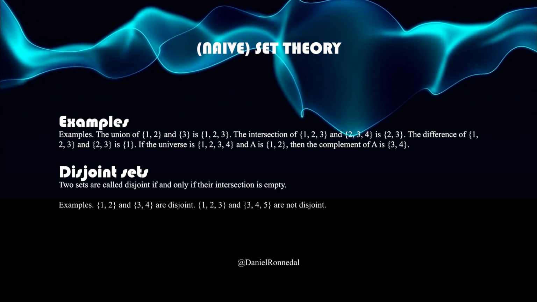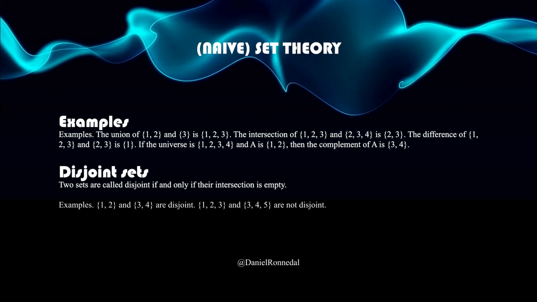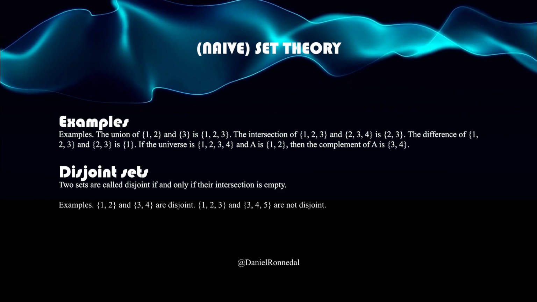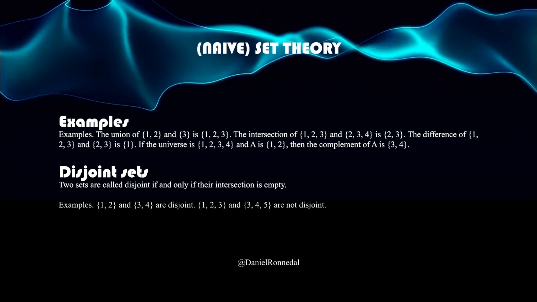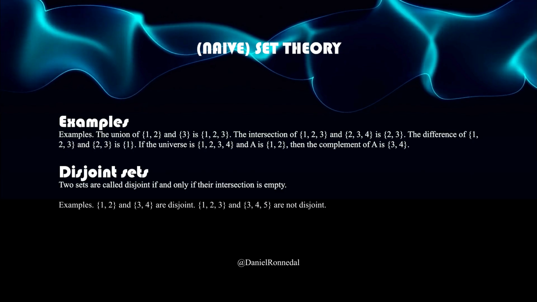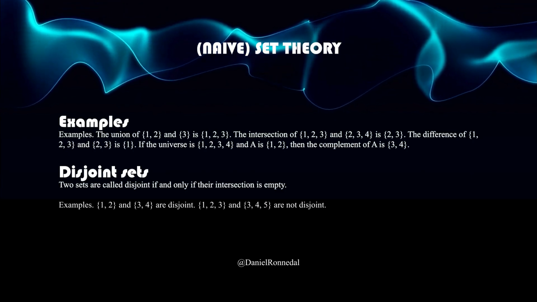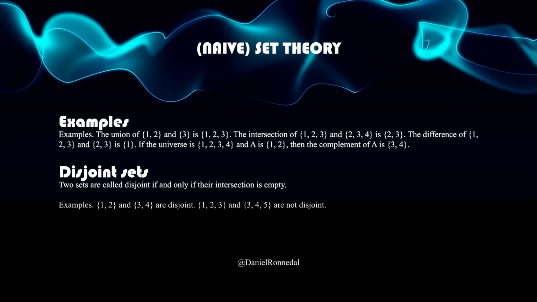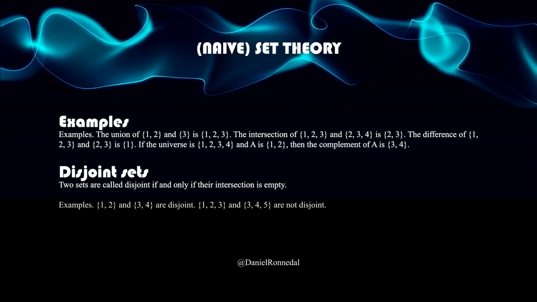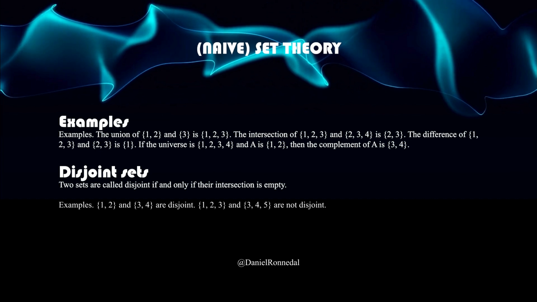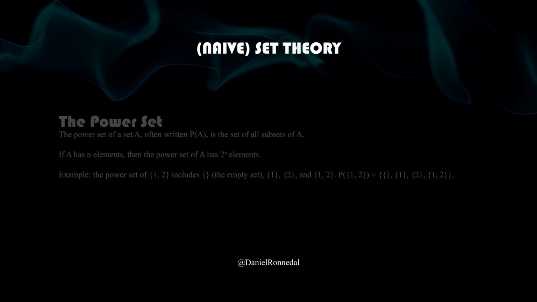If the universe includes 1, 2, 3, and 4 and nothing else, and A is the set whose only members are 1 and 2, then the complement of A is the set whose only elements are 3 and 4. Two sets are called disjoint if and only if their intersection is empty. The set whose only members are 1 and 2 and the set whose only members are 3 and 4 are disjoint.